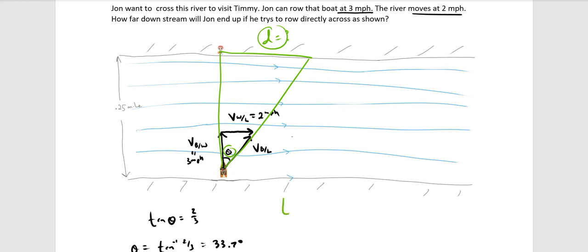The tangent of the angle theta is going to be the side opposite, that's what we're looking for, d, divided by the side adjacent, and this distance here is the 0.25 miles. So d is going to be 0.25 miles times the tangent of 33.7 degrees. By the way, you can just use 2/3 if you wish for that.